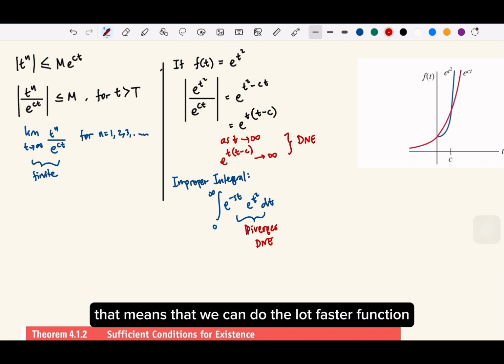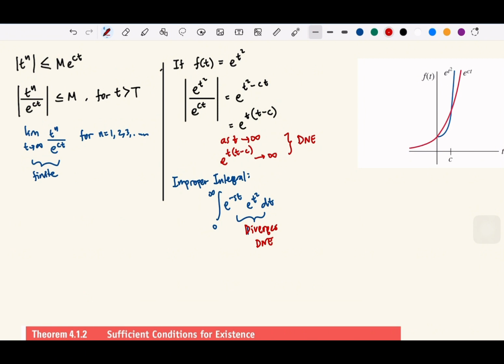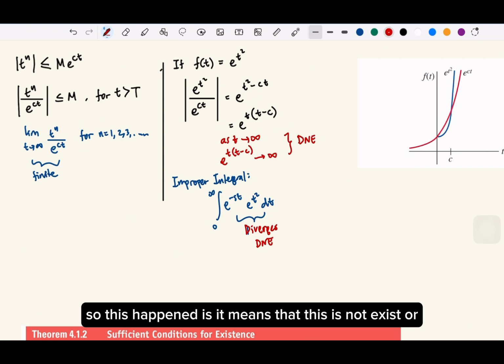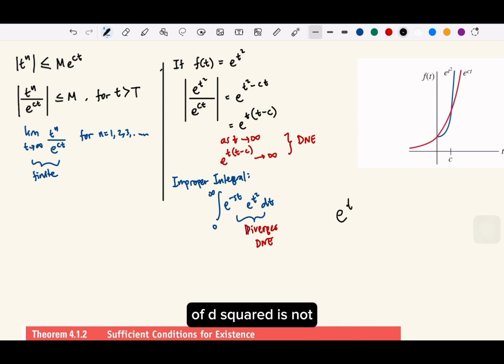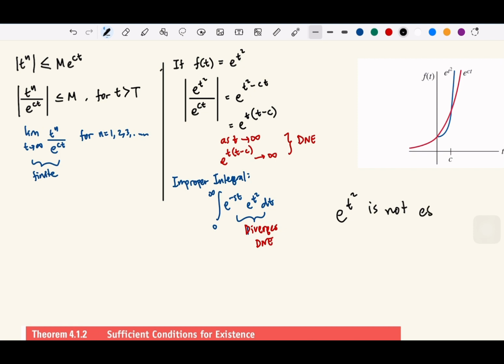That means that we can do the Laplace transformation. If this happens, it means that it does not exist, or it's not of exponential order. So e to the power of t squared is not of exponential order.